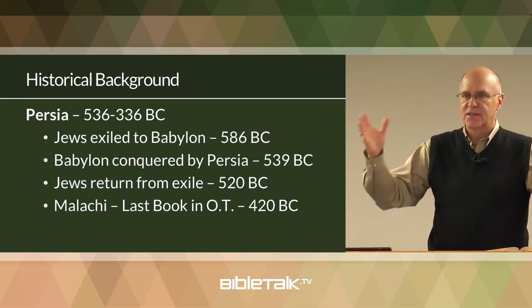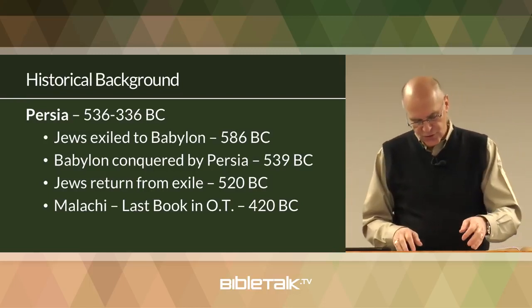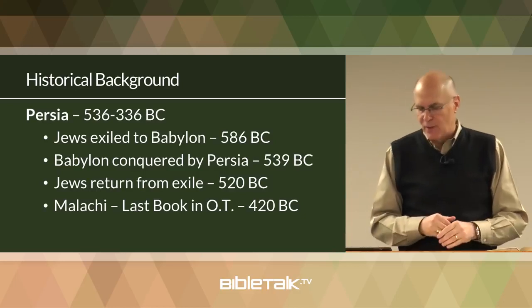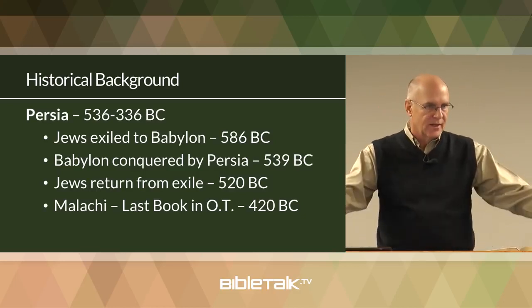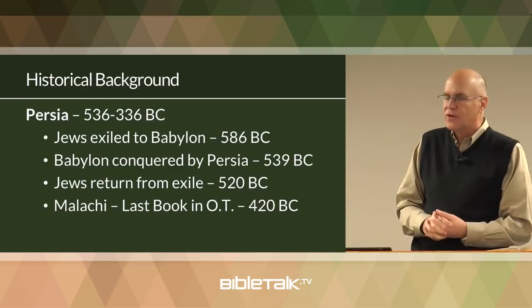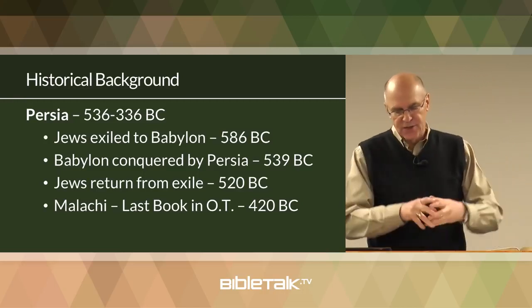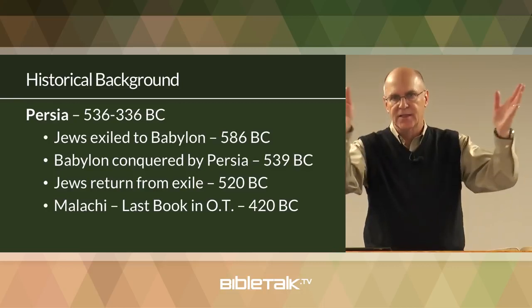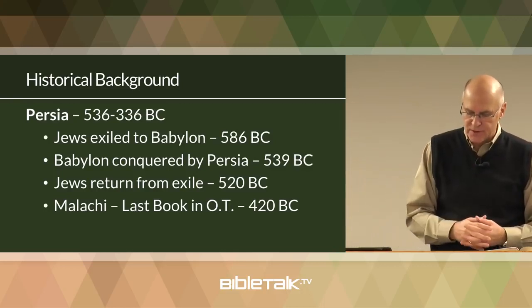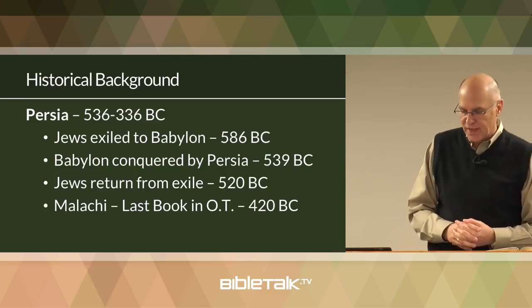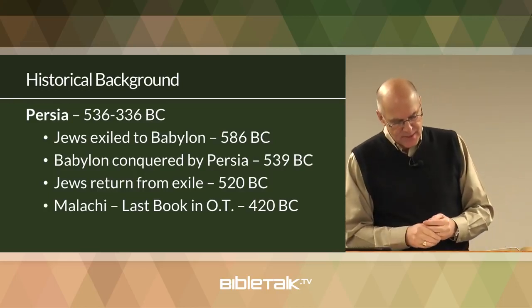By then the southern kingdom of Judea had been exiled to Babylon in 586 BC. God finally grew weary of their idolatry and disobedience. The northern kingdom had been exiled and dispersed centuries before. Now it was the turn of the southern kingdom, 586 BC.